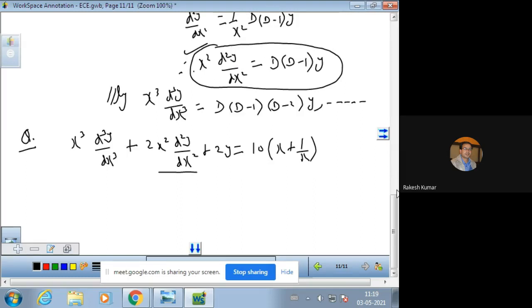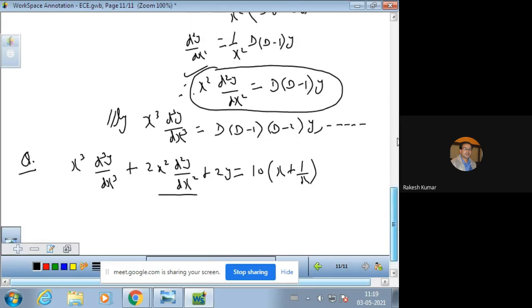So we have to give the proof in this question for finding out this value of the second order derivative.